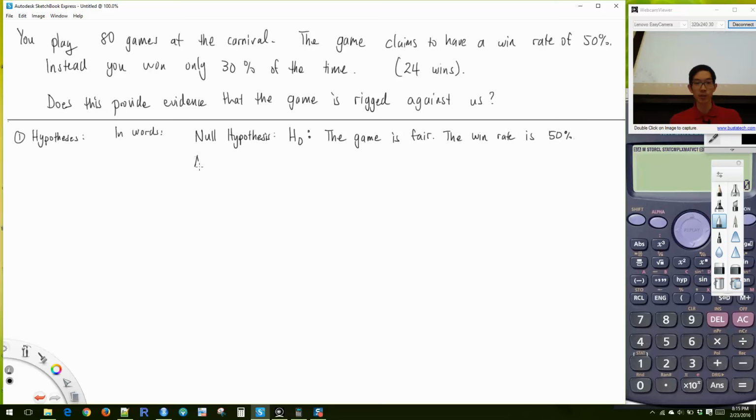The alternative hypothesis, because our hypotheses always come in pairs, would be the game is not fair, and we would think that the win rate is not 50%, but somehow it's rigged to be lower than 50%, right?